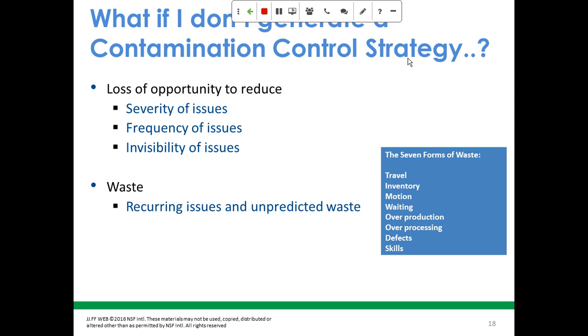You're going to miss the opportunity to reduce the 7 forms of waste in your unit and always suffer, unpredicted and at the worst possible time, the types of issues that make us go grey and make us toss and turn and not sleep at night. But ultimately as well, of course, once Annex 1 is approved, failing to have a contamination control strategy is actually going to be seen as a GMP violation.